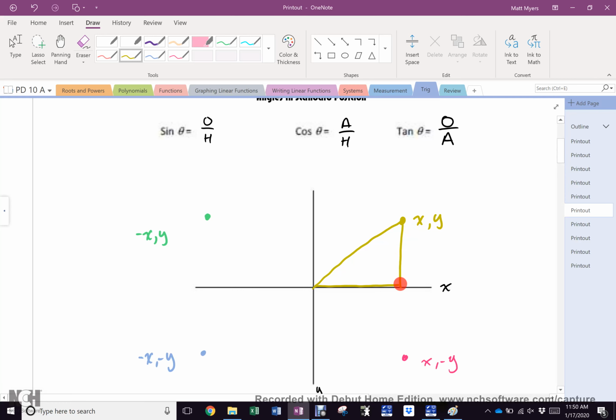How far up did this line go? What amount? Positive y. How far did this go? Positive x. How could you use the math that you already know to tell me the length of this hypotenuse?